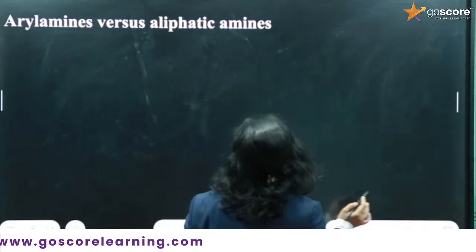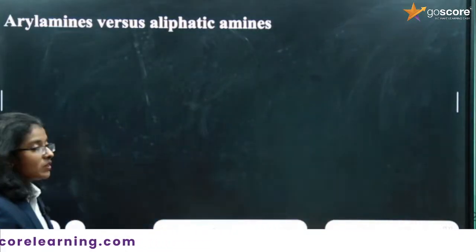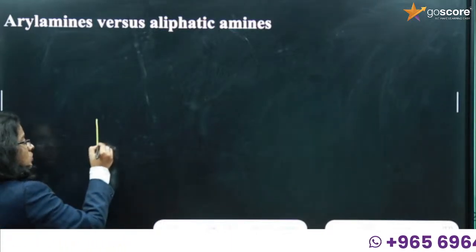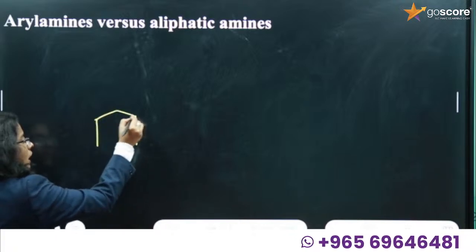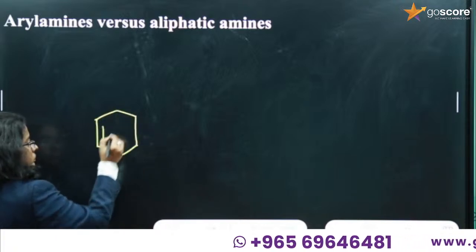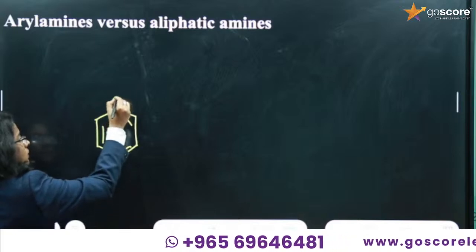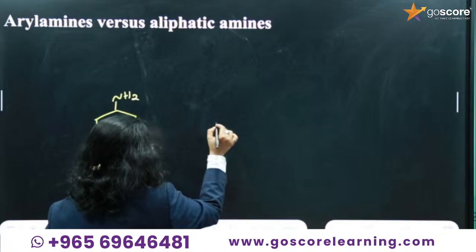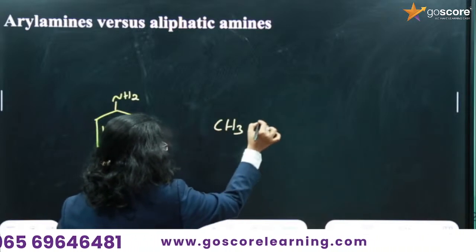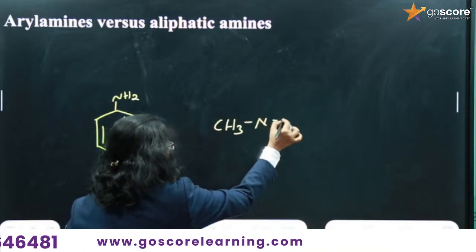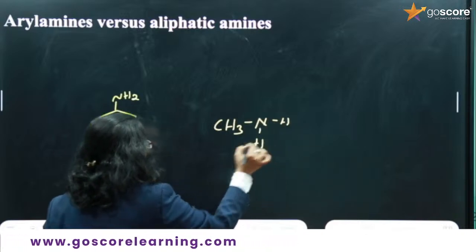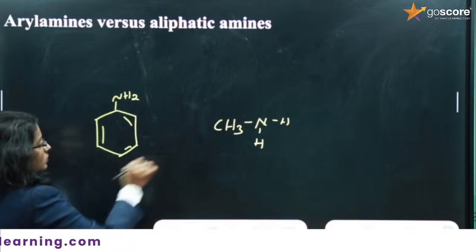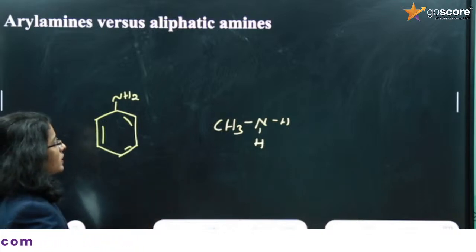Next one is arylamine versus aliphatic amine. Arylamine means a benzene ring containing an NH2 group. This is called aniline. Suppose we take methanamine. On comparing these two, which one is more basic?